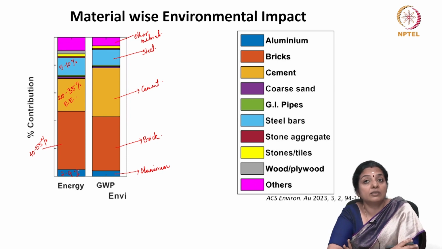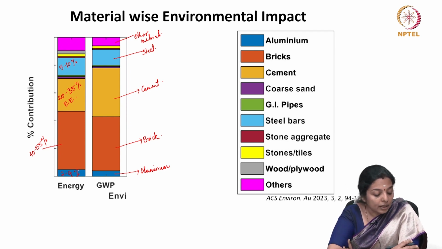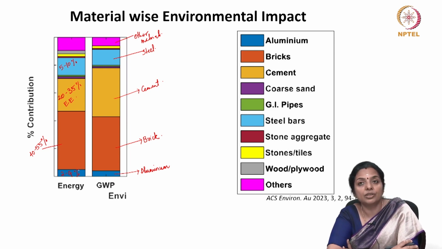That's because the quantity of aluminum is very less. If you increase the quantity of aluminum in a building, then the impact of aluminum in embodied energy and global warming potential is going to be higher. Aggregates contribute about 2 to 4%.